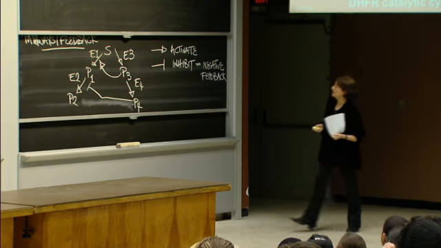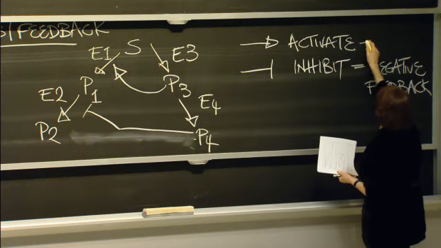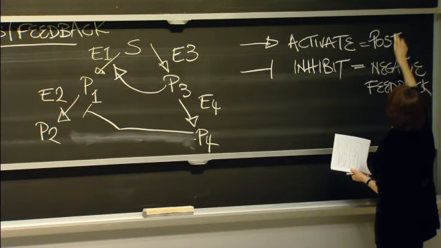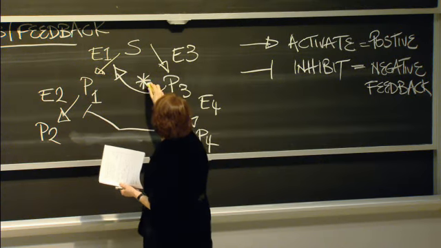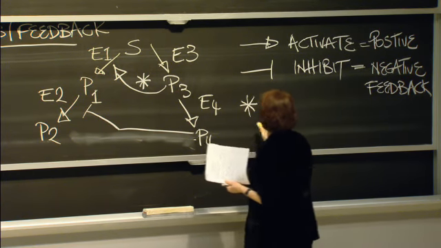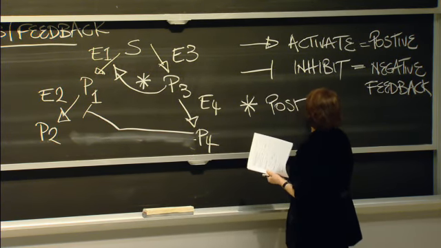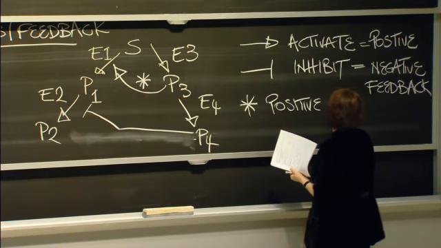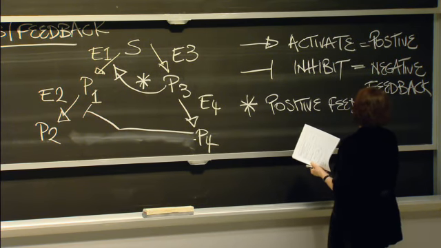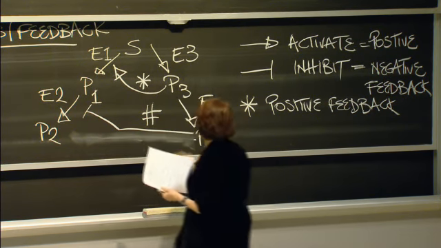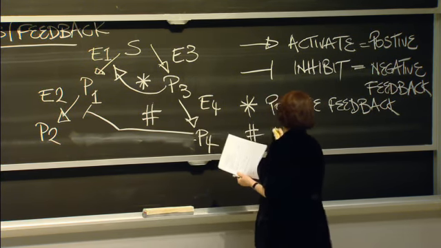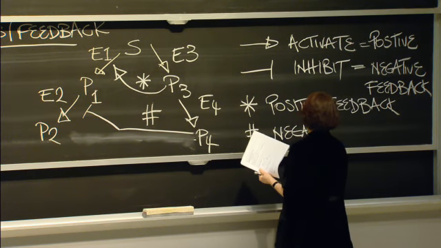But in that case, that activation would be positive. And so for this example, my star would be positive feedback. And my T-bar, which I'll make a pound sign, would be a negative feedback.